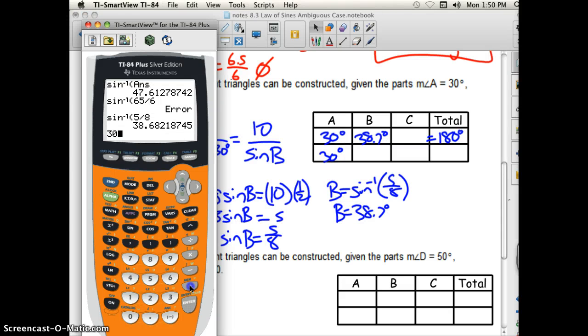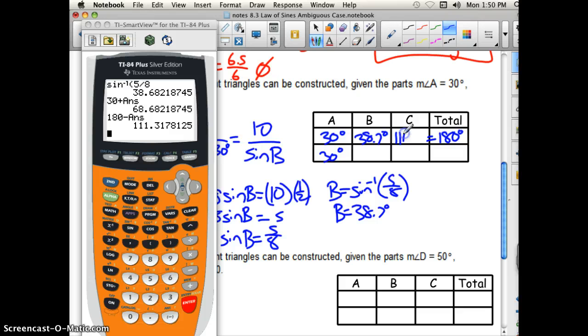So 30 plus my answer from before, 38.68 or 38.7, and then I subtract that from 180, and round to the nearest tenth. So 111.3 degrees. And those are three reasonable answers for the angles.